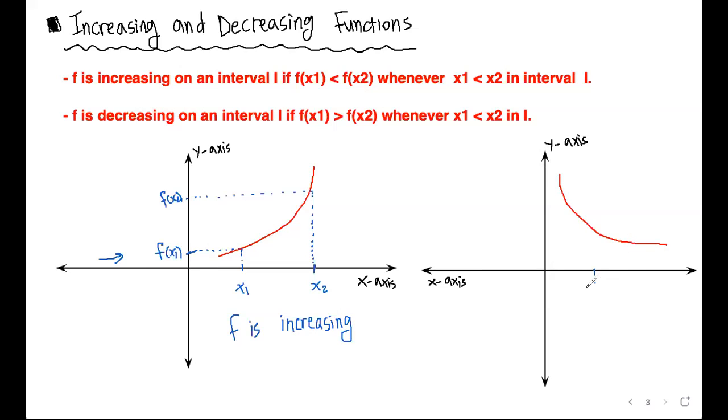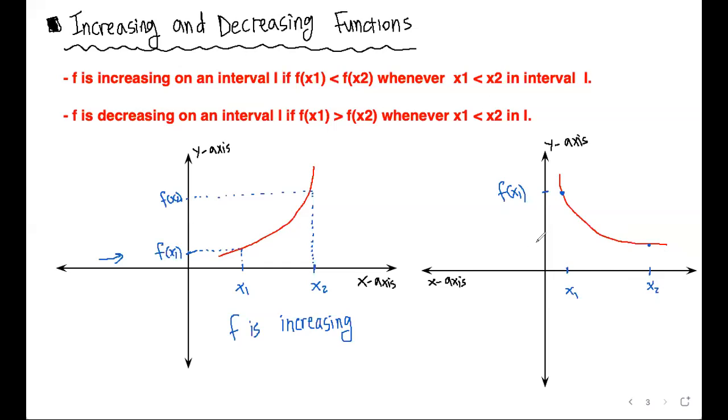Same idea. This is my x1, this is my x2. x1 has a value, f of x1. Let me take another value here. So this is my x1, this is my x2. x1 has a value here, f of x1.